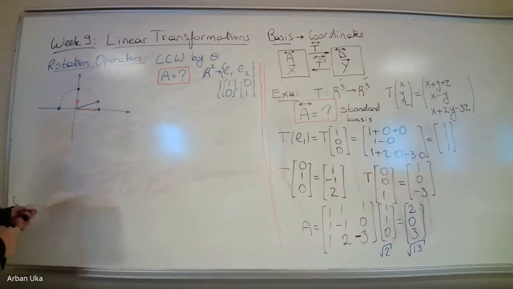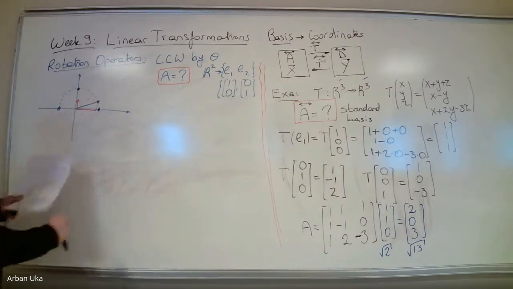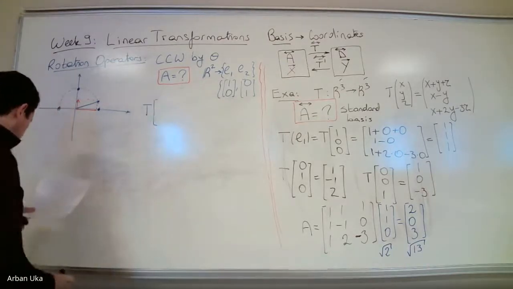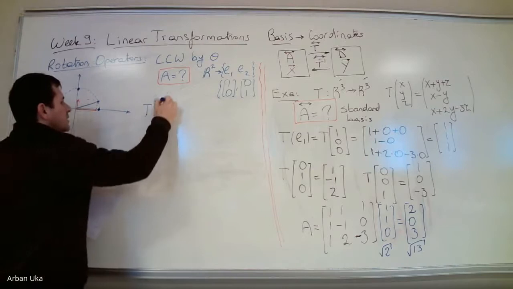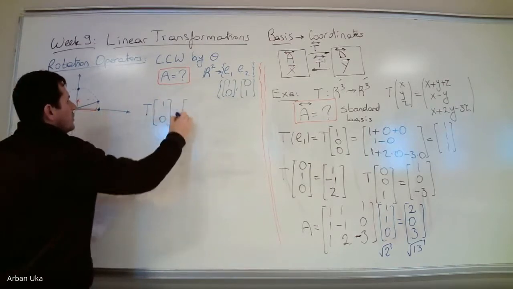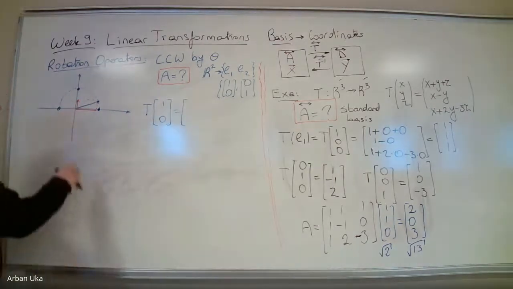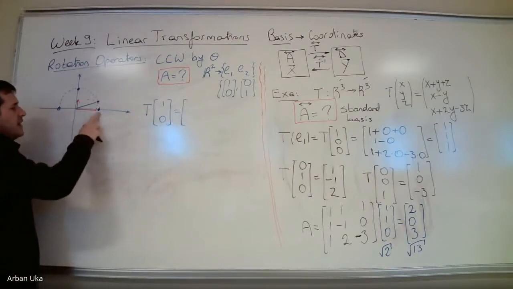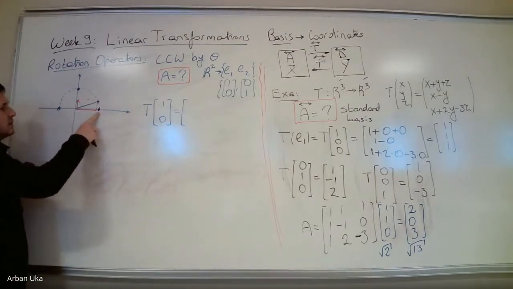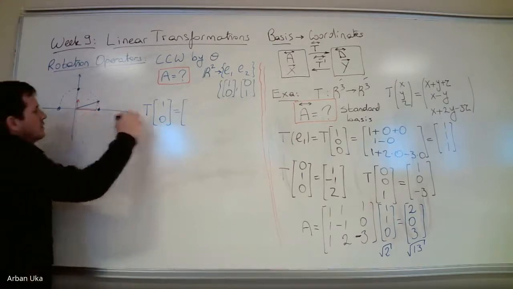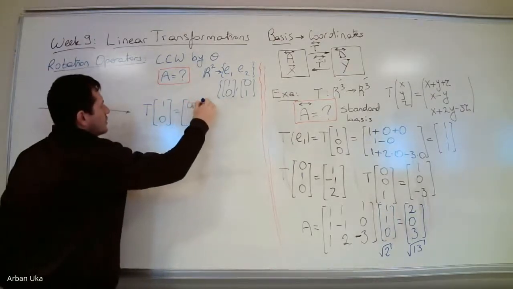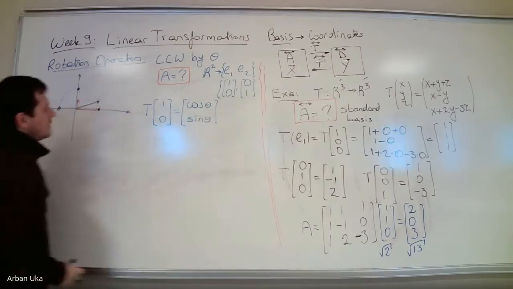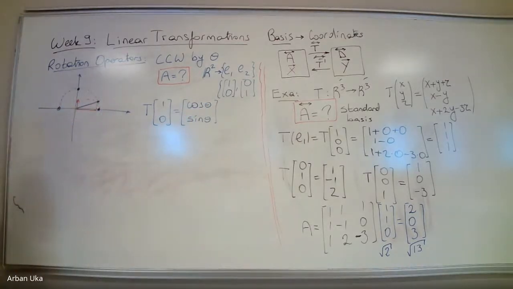So we say that this linear transformation T, which was applied on (1, 0), is going to be equal to... what is the x-axis here? The x-axis was 1, the y-axis was 0. What about now? Now this would be cosine theta and sine theta. Okay, so this is the linear transformation here.